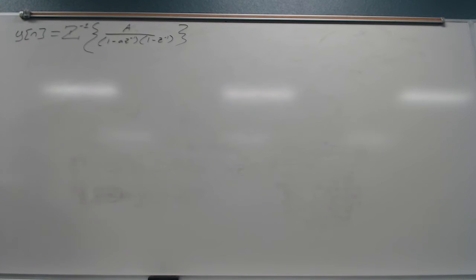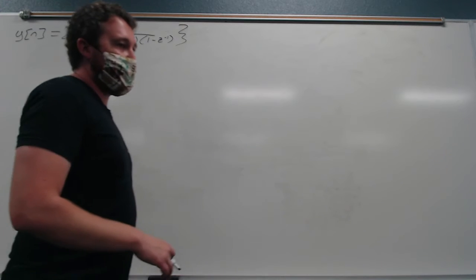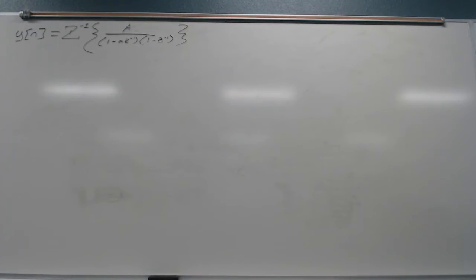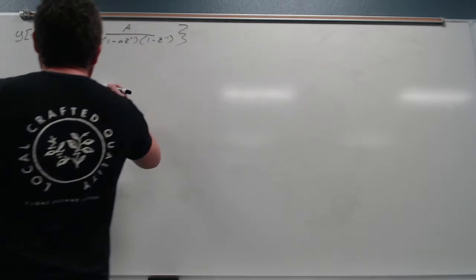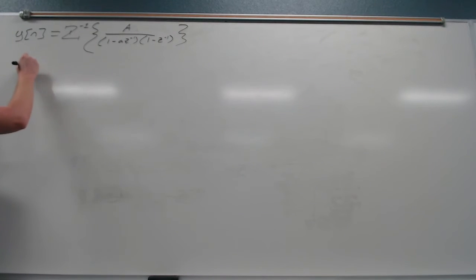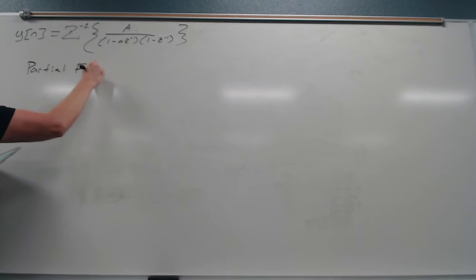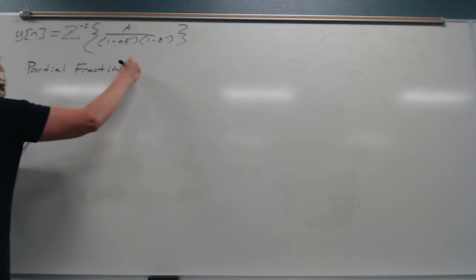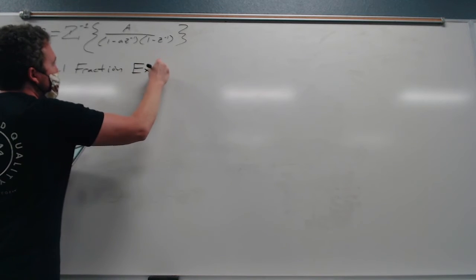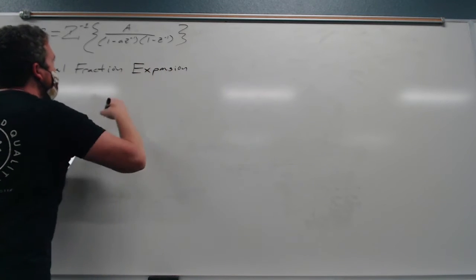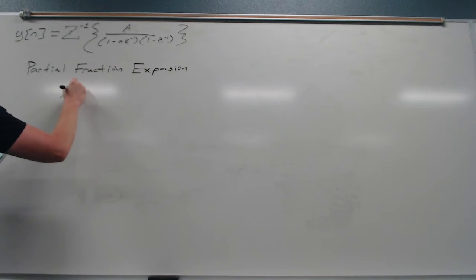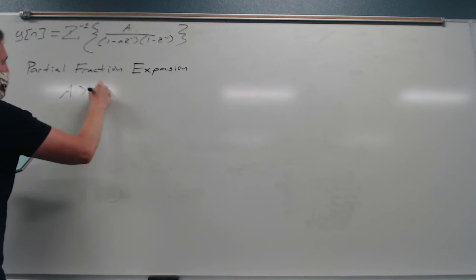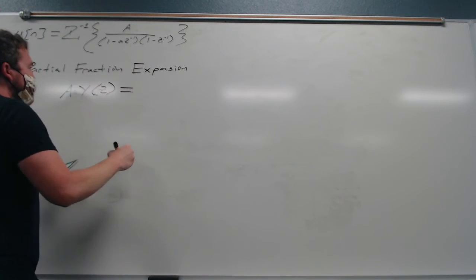arguably easier. So the first thing that can happen is A can just come out, right? Because A is a constant. And we can just say, who cares about big capital A? So let's make a note here. We're going to use partial fraction expansion. So let's say we have A times our function Y of z.